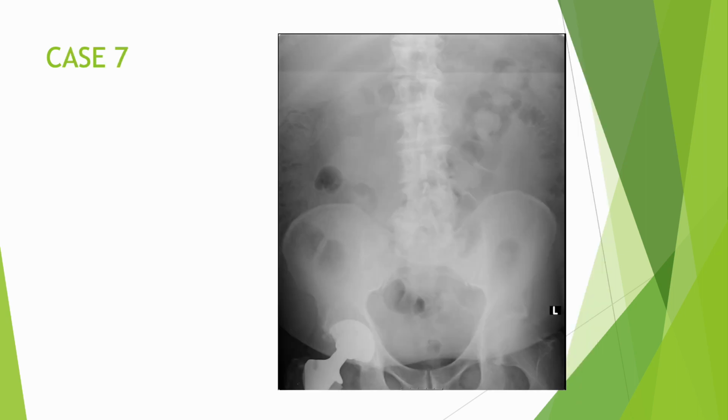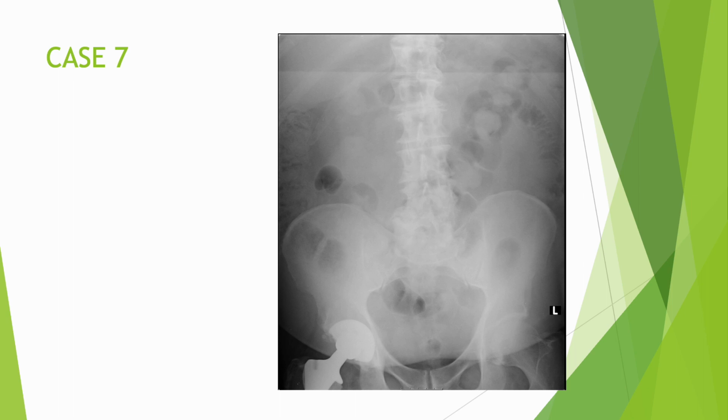So here, take a moment to pause the screen and look at case 7. So the findings here aren't terribly remarkable, but on the right we've got a total hip replacement in situ. There's no evidence of loosening, no periprosthetic complications, and it looks like alignment is maintained in comparison to the left.